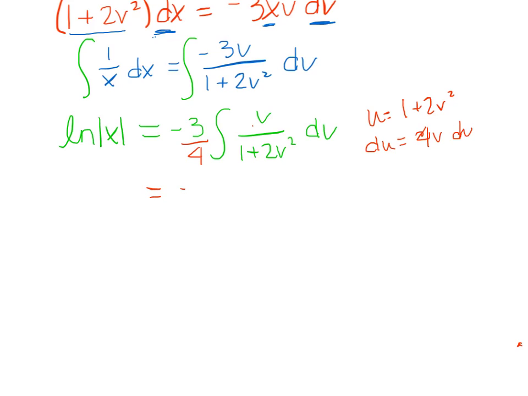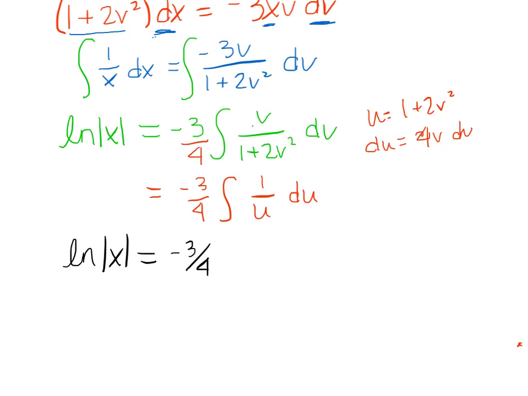So that's really going to give me a negative 3/4 times the integral of 1 over u, which in that case is a natural log situation as well. So this gives me then that the natural log of the absolute value of x is equal to a negative 3/4 times the natural log of the absolute value of u, which we identified up here as 1 plus 2v squared, plus c.